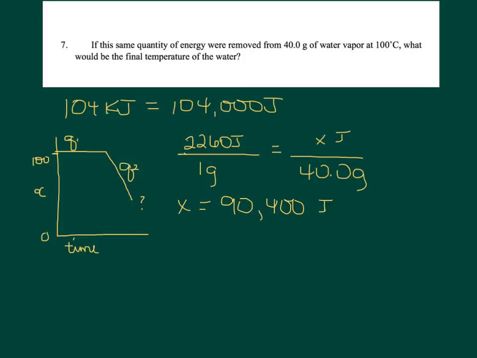So if I started with 104,000 joules, I will have used up 90,400 in order to move from here to here on the graph. Moving from here to here cost me 90,400 joules. So of that 104,000 that I started with, how much is going to be left?